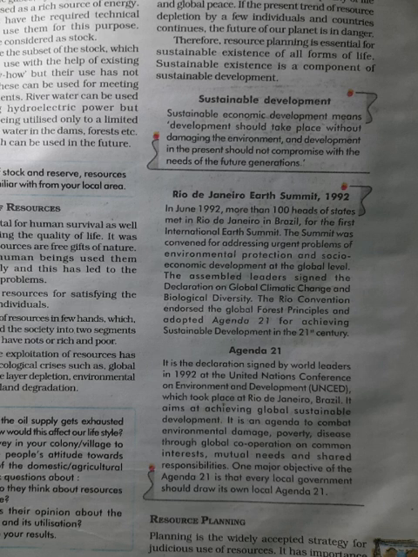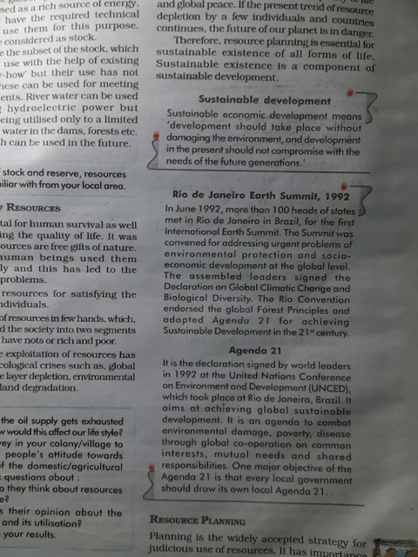Sustainable economic development means development should take place without damaging the environment, and development in the present should not compromise the needs of future generations. So sustainable development means development should carry on without damaging the ecological balance, and resources should remain available for the future generation.